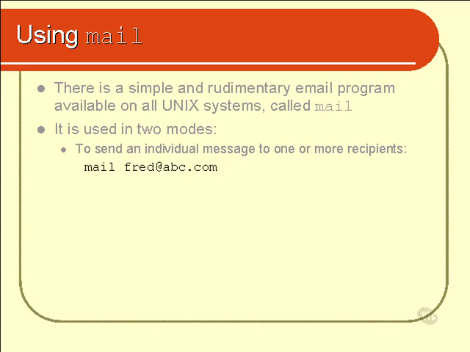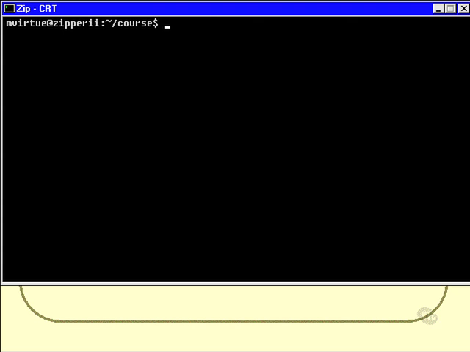It could be someone on another domain, such as fred@abc.com, or it could be somebody on this computer, just another one of the user accounts on this computer, such as mail root. And if it's on this computer, you don't need to specify the machine name. Either way, you type in mail followed by a space followed by the username to whom you wish to send the message. Let's see what that looks like.